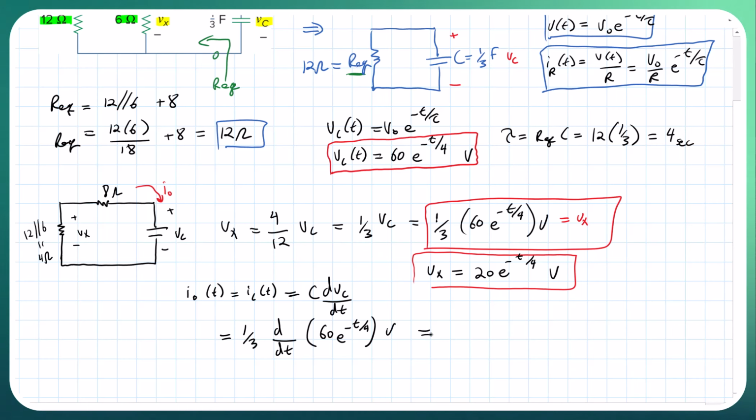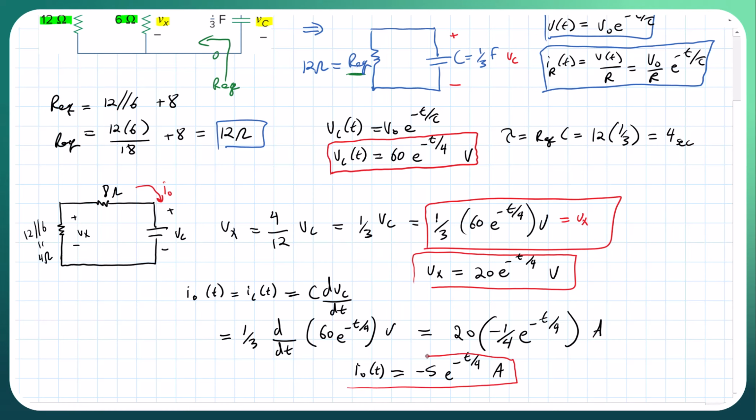If we take the derivative of that, we get 20 times minus 1 over 4 e to the minus t over 4, and that's in amperes. And then finally we can rewrite this as our I naught of t is minus 5 e to the minus t over 4 amps, and that's our final part of this problem.